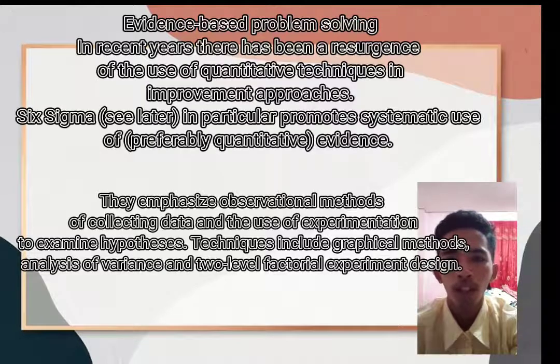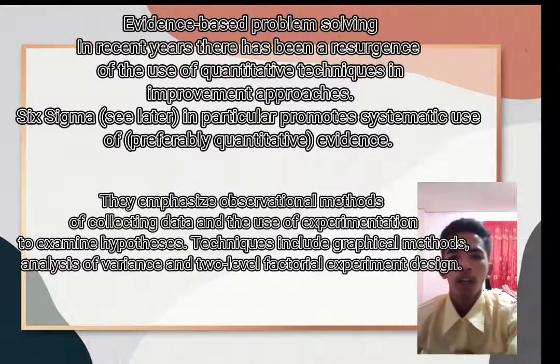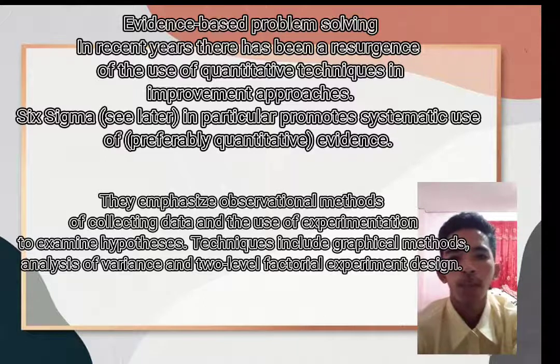Evidence-based problem solving. In recent years, there has been a resurgence of the use of quantitative techniques in the improvement approaches. In fact, much of the considerable training required by Six Sigma consultants is devoted to mastering quantitative analytical techniques.